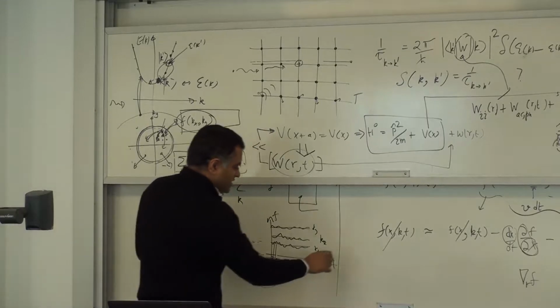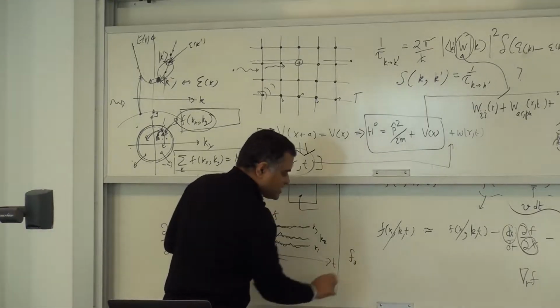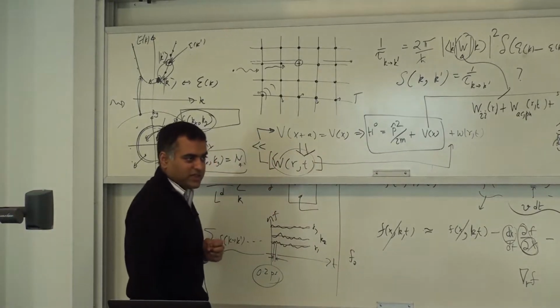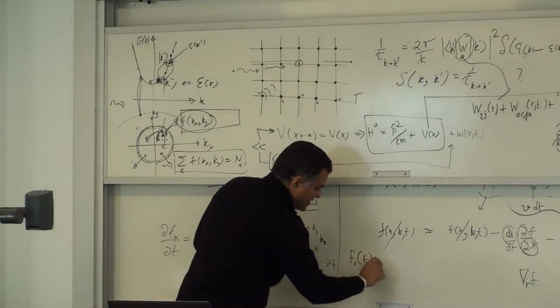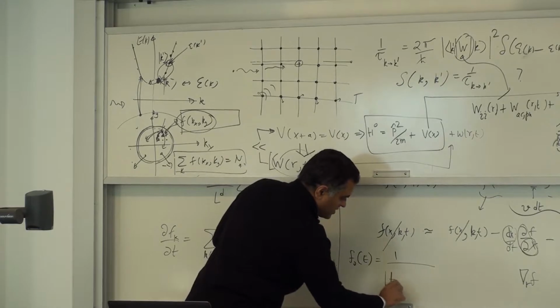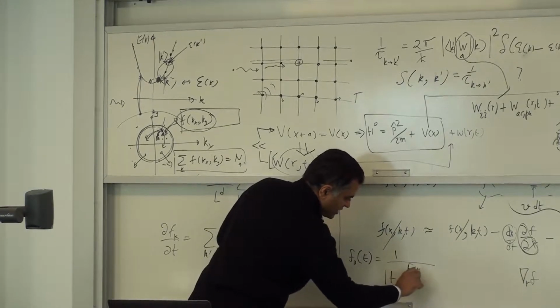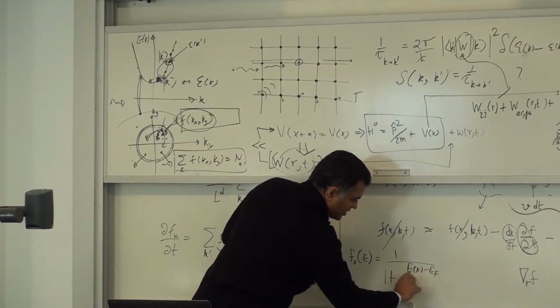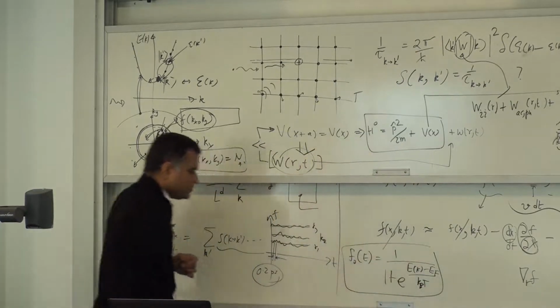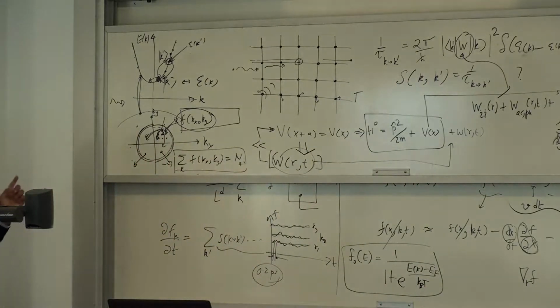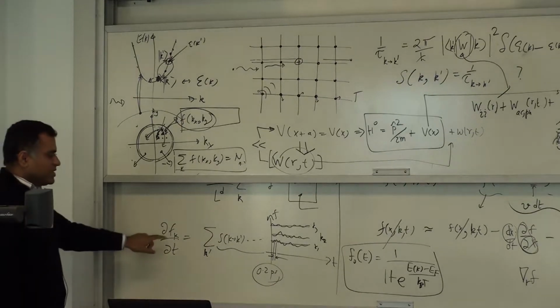This is the meaning of the Fermi-Dirac distribution: the electrons have reached equilibrium with the lattice, and the distribution function looks like 1 over e to the power of (E minus E Fermi) over Boltzmann constant times T, plus 1. So this is the solution of the Boltzmann transport equation at equilibrium.